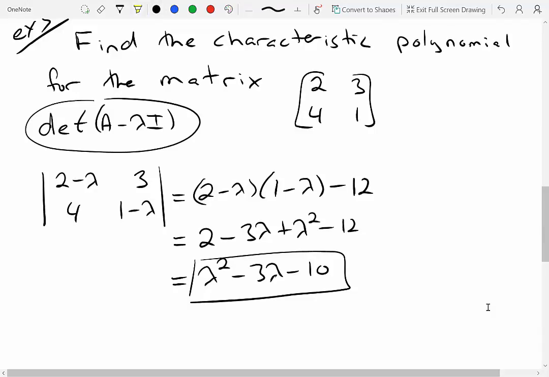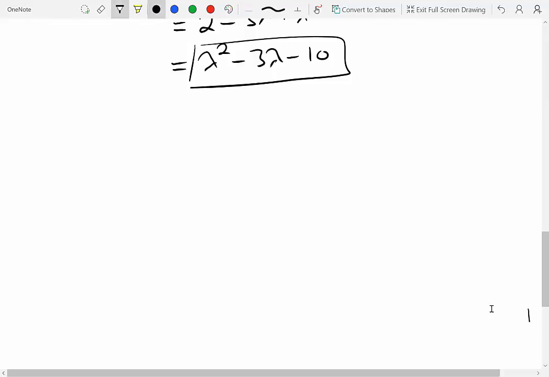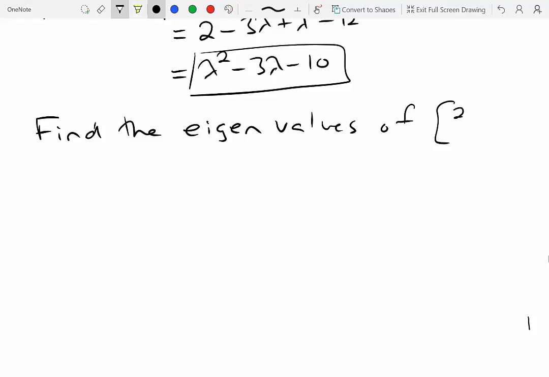Now, if I want to take this a step further and find the eigenvalues, so if the next question is to find the eigenvalues of this matrix 2, 3, 4, 1, then I want to know what are the roots of lambda squared minus 3 lambda minus 10 equal to 0.